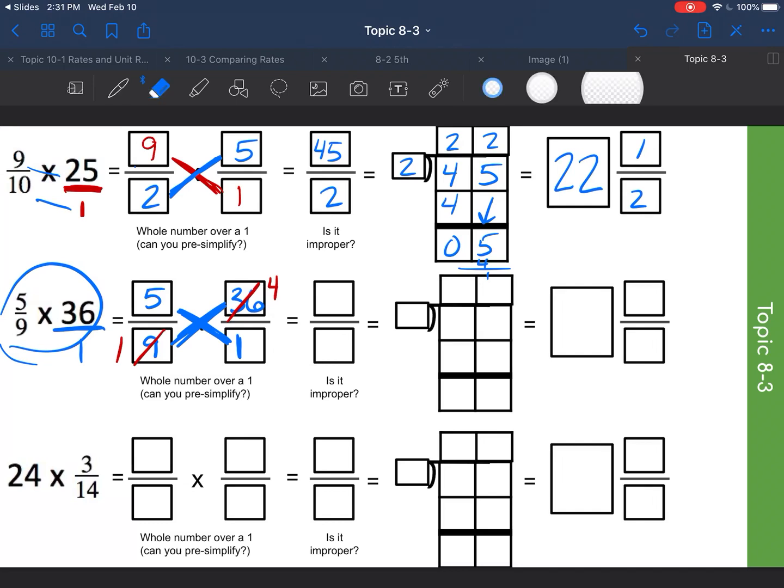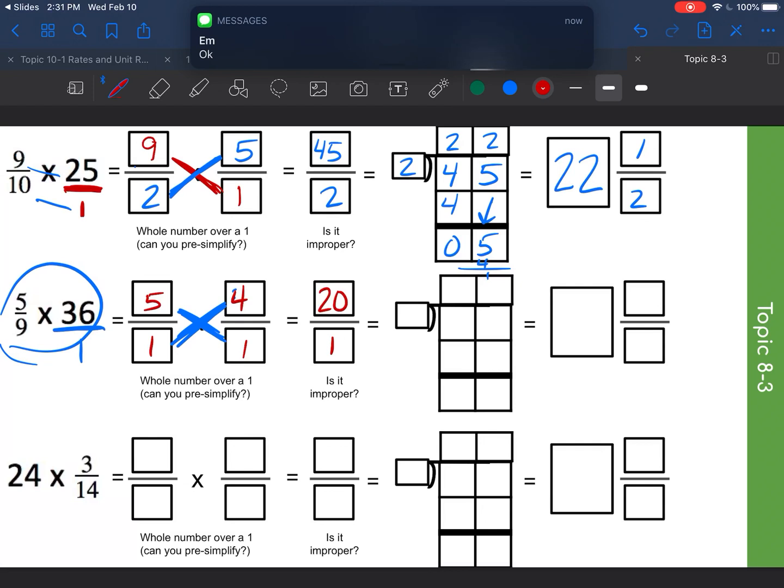So now our problem is just 5 over 1 times 4 over 1. Look at that. Okay. And our answer, 5 times 4, is 20 over 1, which is the same thing as just 20. All right. So really, guys, pre-simplification is just there to make it easier for you.